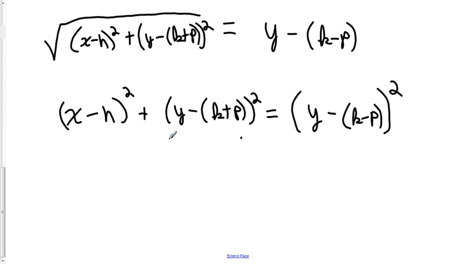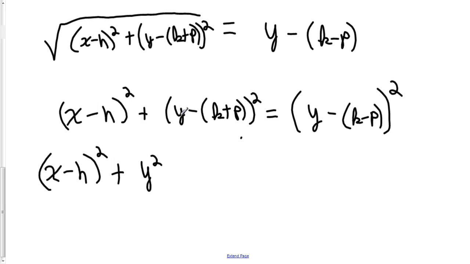All right, let's see what I have on the left-hand side. I'm going to square all of these binomials now. I'm just going to FOIL them out. This x minus h squared is the only one I'm going to keep the same. I'm going to FOIL the other two. So I'm going to multiply y times y to get y squared.